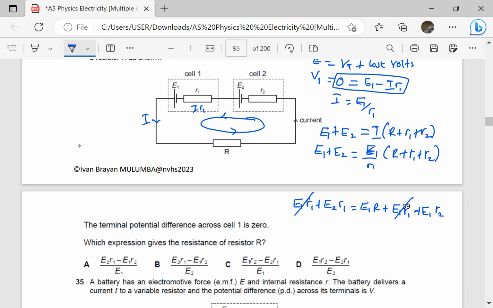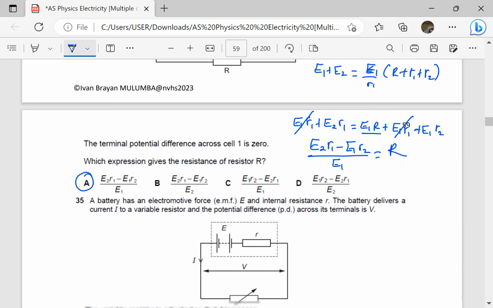We want to make capital R the subject, so I'll have E2 r1 minus E1 r2. Then I divide this by E1. This will give me R. So it means my answer here is obviously A. My answer there is A: E2 r1 minus E1 r2 over E1.